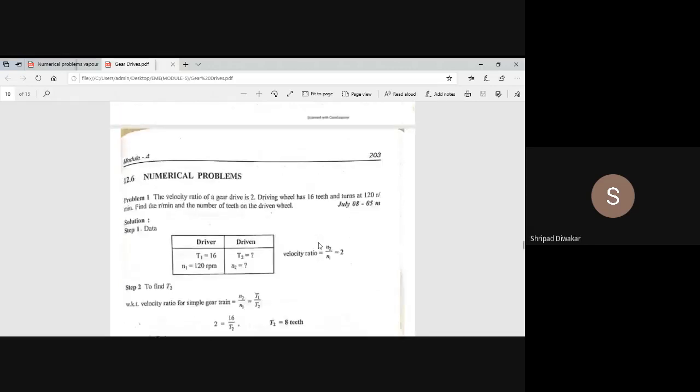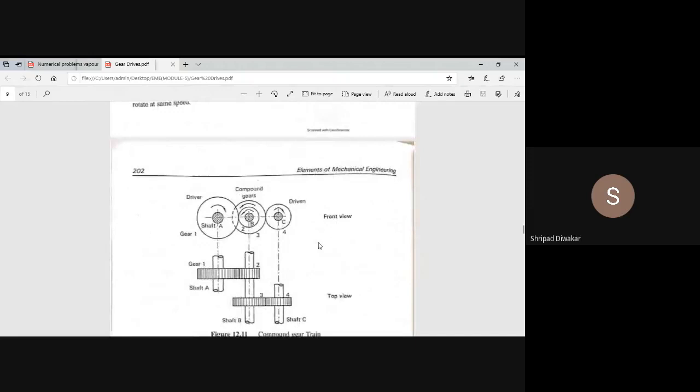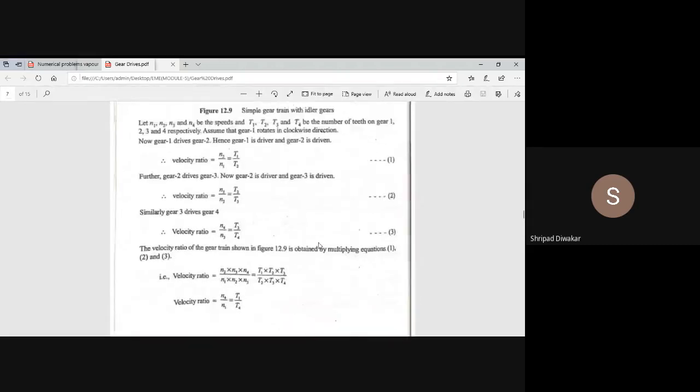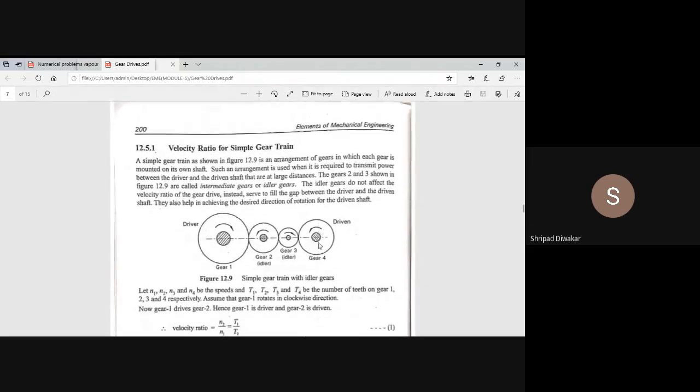Before solving further, let me remind you of the equation for a gear drive: N2 by N1 equals D1 by D2 equals T1 by T2.